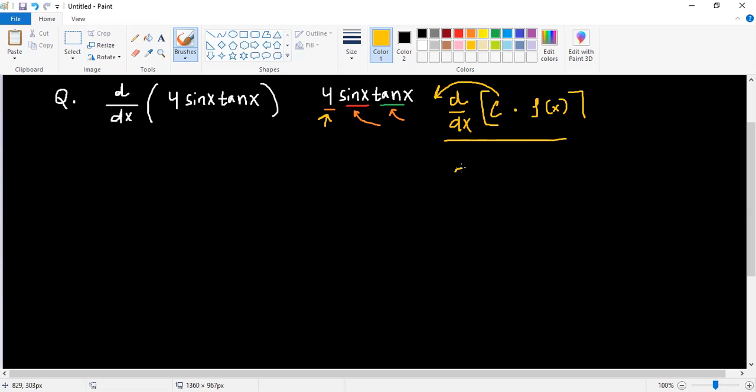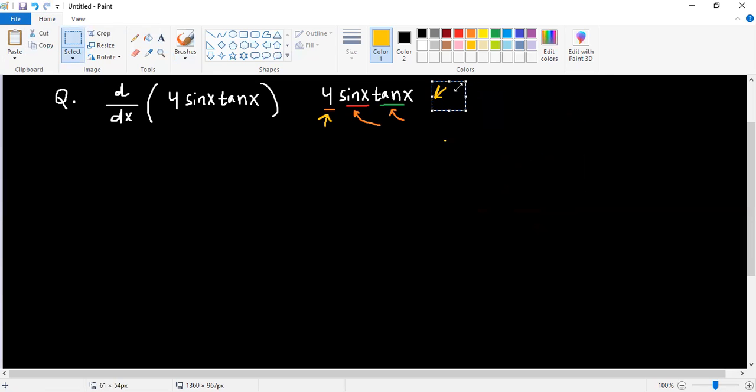We bring out the constant, so we have c multiplied to the derivative of the function. After we find the derivative of the function, we simply multiply that by the constant, and that gives us our derivative. So first and foremost, let's get that constant out of the way.